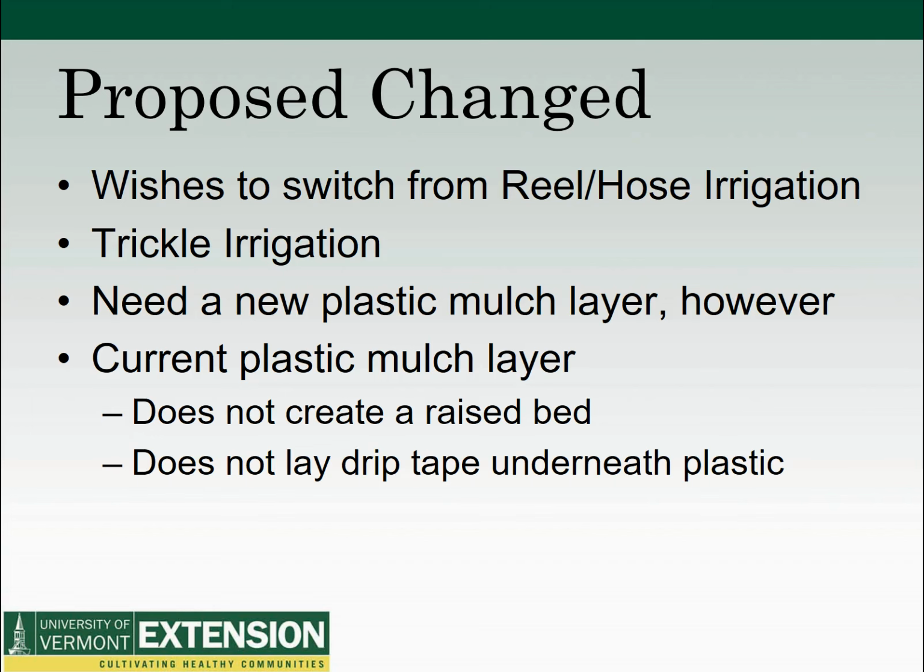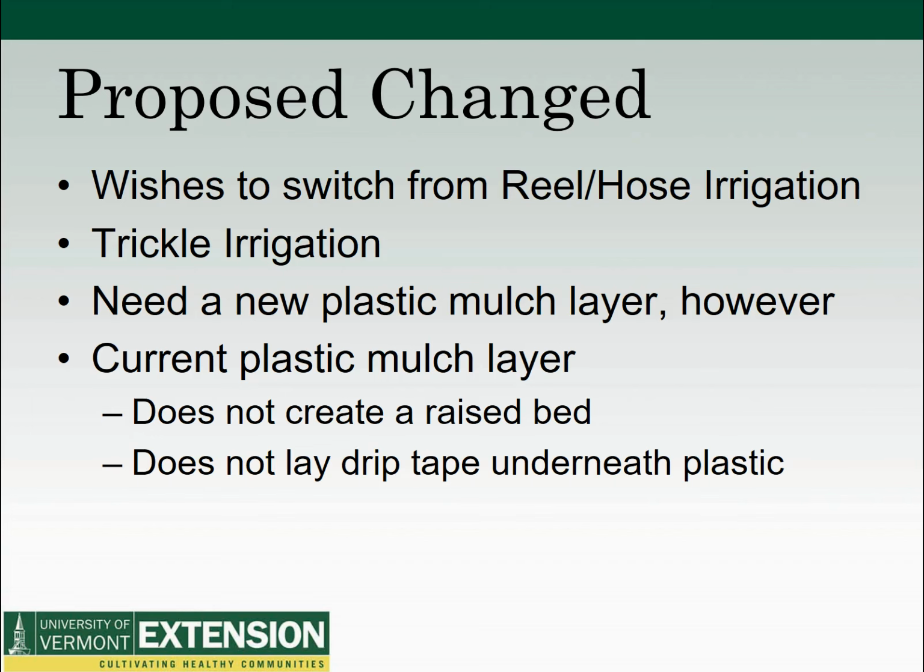So this is our proposed change. This farm is a mixed vegetable farm and currently uses reel hose irrigation to irrigate their vegetable crops. They wish to evaluate and see whether it would be profitable or make sense financially to switch to trickle irrigation. They do have a plastic mulch layer now, but it basically just lays the mulch.